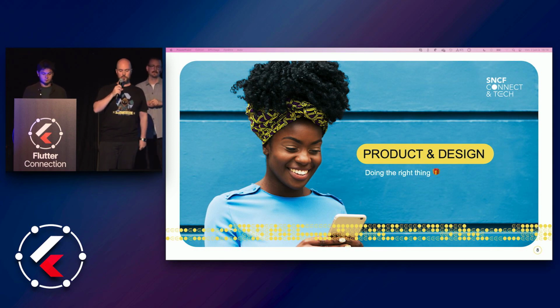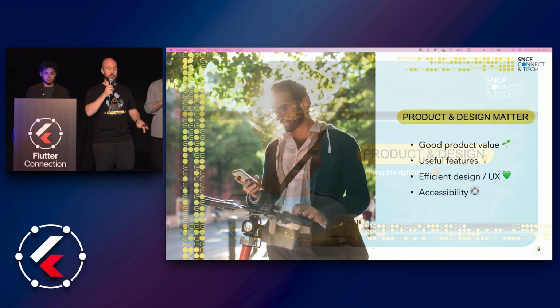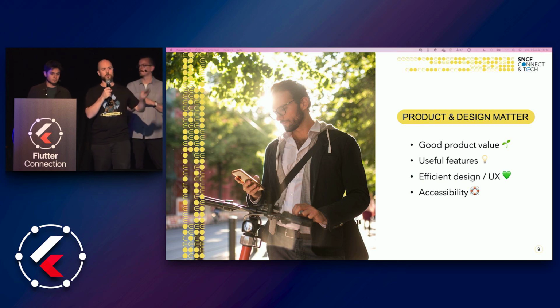So we'll focus quickly on the developer techniques, but before that, just a word about the product and the design. It might be obvious, but it's our responsibility and it's our choice to work on good products, useful products, to provide useful features. And we should try to implement a simple and an efficient design and make our services more inclusive, more accessible. We've talked about accessibility today already.